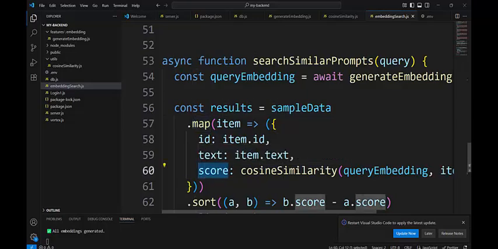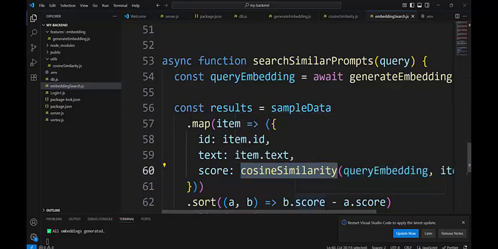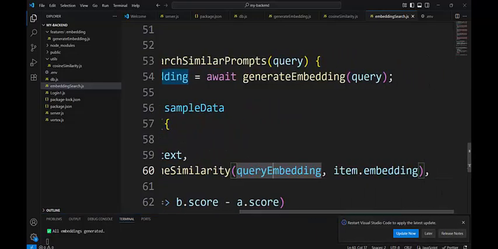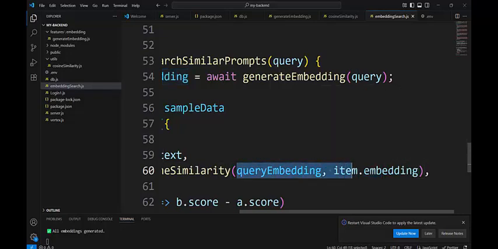And here is the score of every data. The score is calculated by cosine similarity. From what? From the query embedding, which is only one vector of our prompt, with the item embeddings. These are the two parameters.